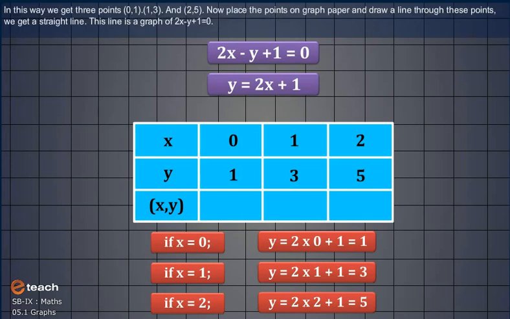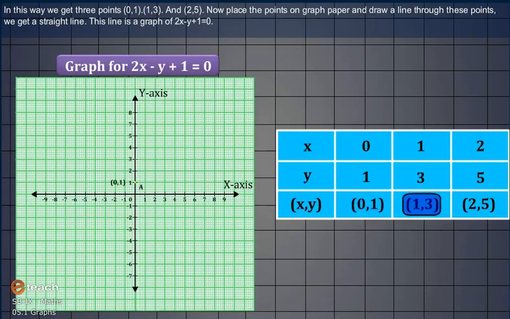In this way, we get 3 points: 0, 1; 1, 3; and 2, 5. Now place the points on graph paper and draw a line through these points. We get a straight line. This line is the graph of 2x minus y plus 1 is equal to 0.